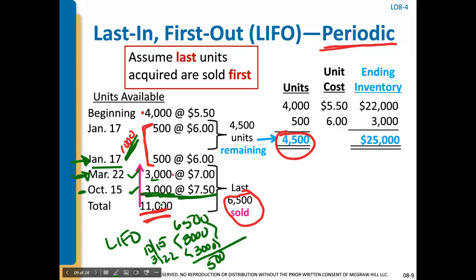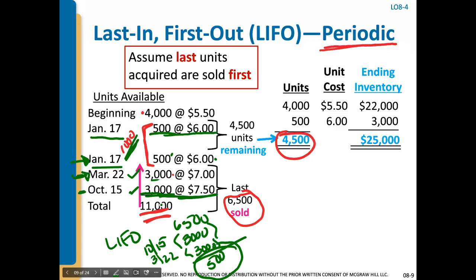We purchased 1,000, but we only need to allocate cost to 500 remaining units. So on January 17th, we purchased 1,000 units at $6, but 500 units at $6 are going to be allocated to the cost, leaving 500 of those units from the January 17th batch in the ending inventory.